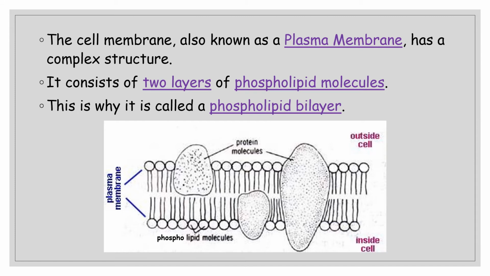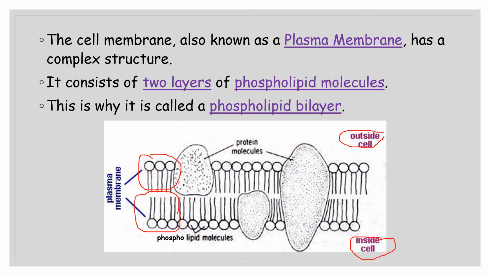So what we have here is a layer of phospholipids, so those circles with 2 tails, and then another layer. And as you can see, the circles, the phosphate heads, are facing out the way of our membrane with the lipid tails in the middle. So again, just for your notes, it's outside the cell here and inside the cell.